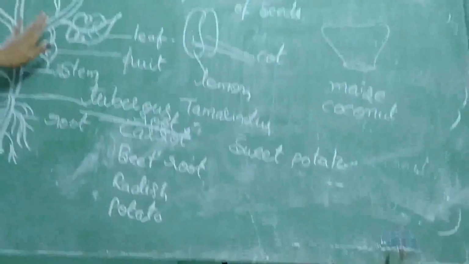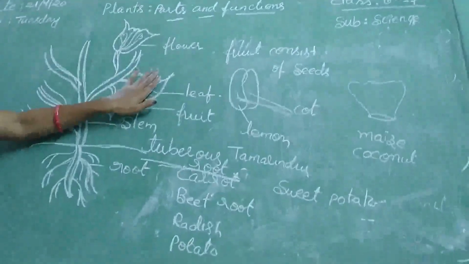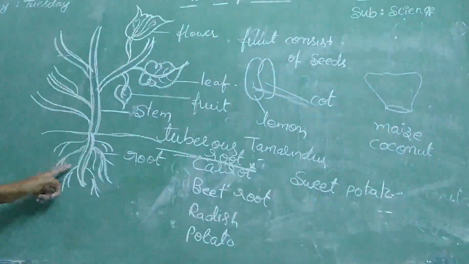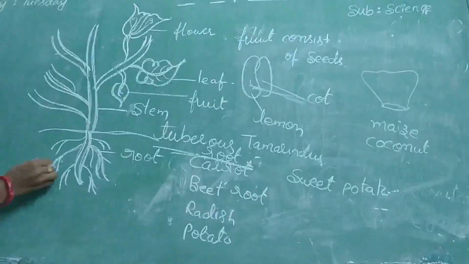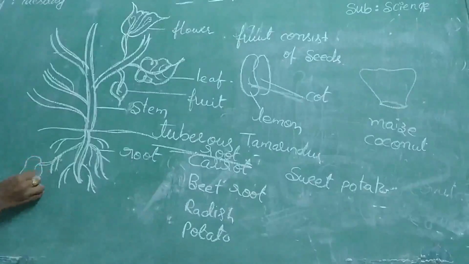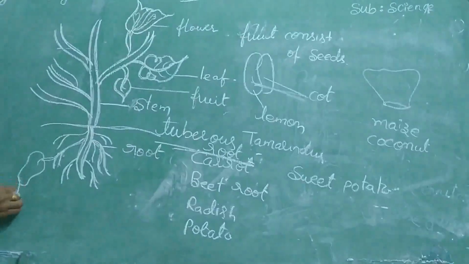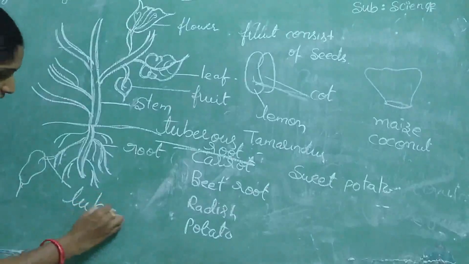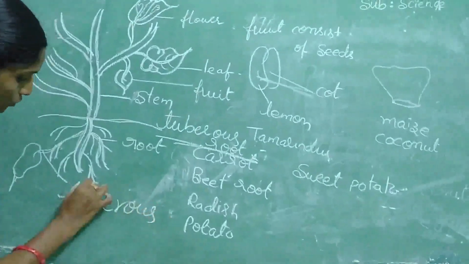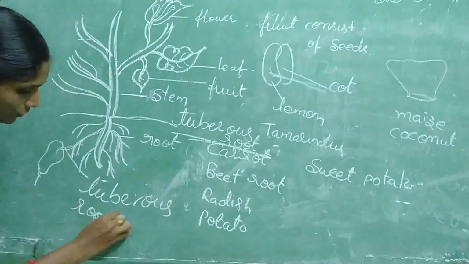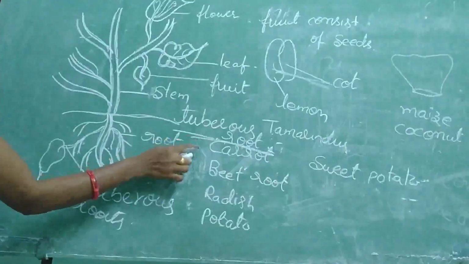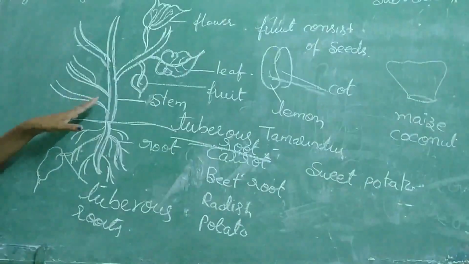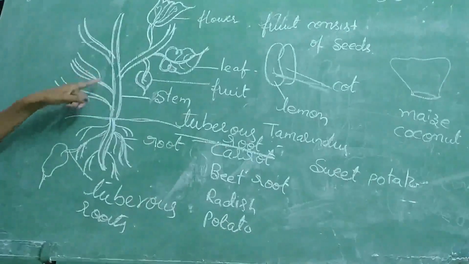The plant makes the food material in the process of photosynthesis and stores it in the root. It bulks out and makes one fruit. That root is called a tuberous root. The examples of tuberous roots are carrot, beetroot, radish, potato.